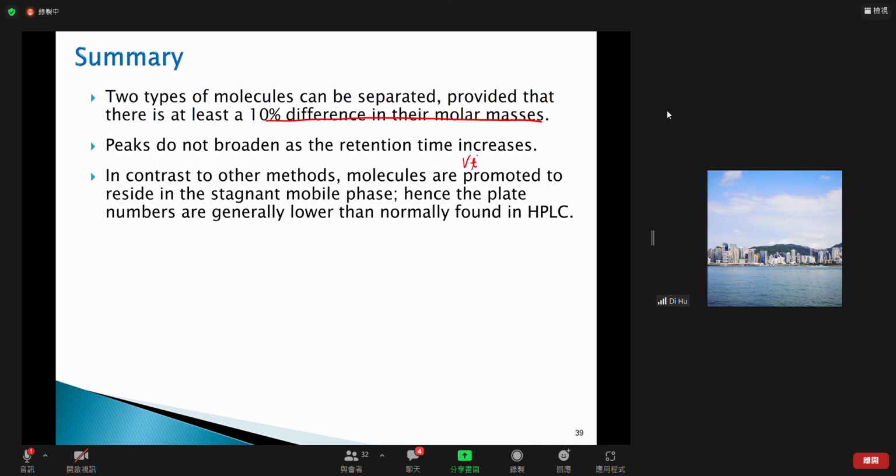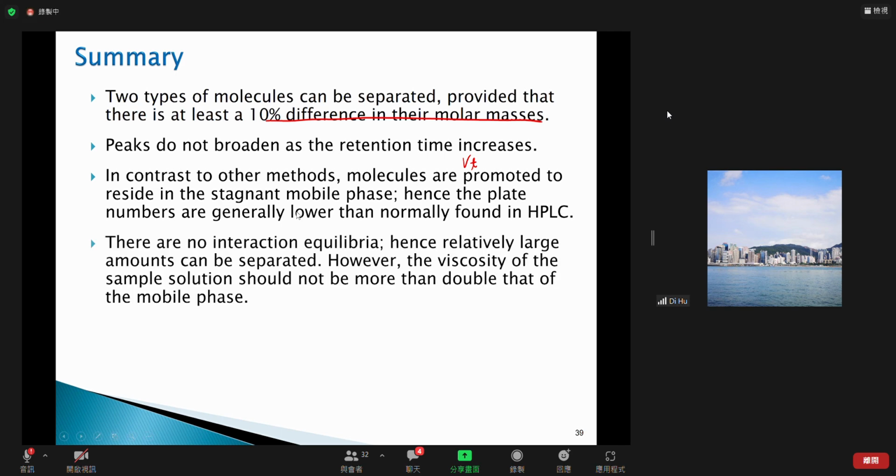The molecules diffuse into the pores, and they can take different paths to come out, and then they can be separated. Hence the plate numbers are generally lower than normally found in HPLC, and it does not really follow the Van Deemter equation, because there's no separation interaction and no interaction equilibrium; everything is based on size.